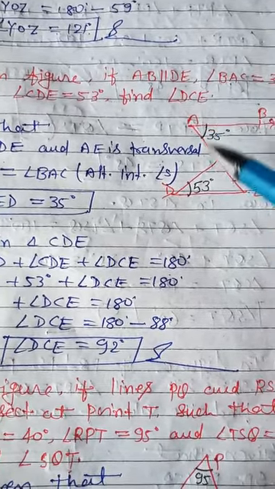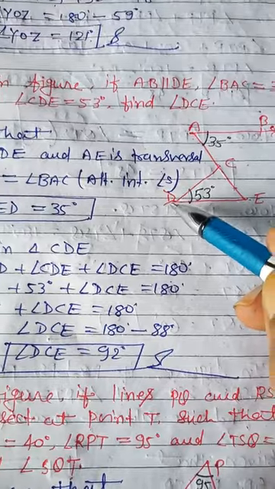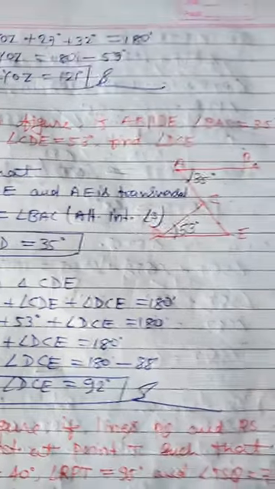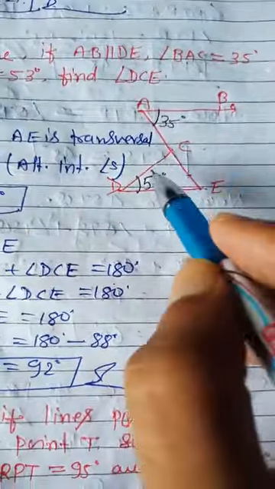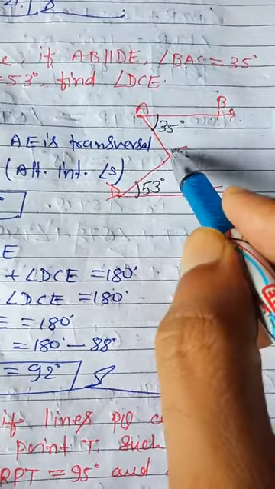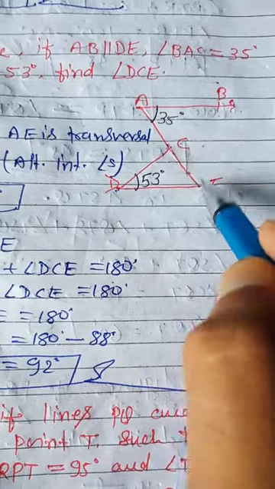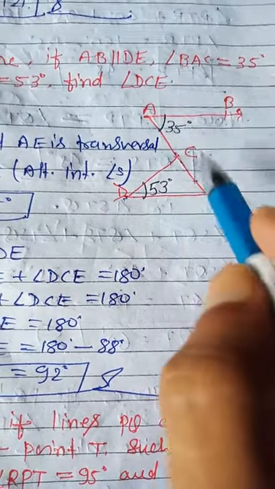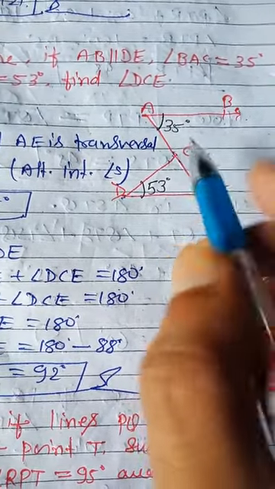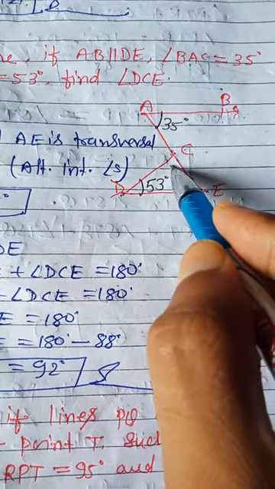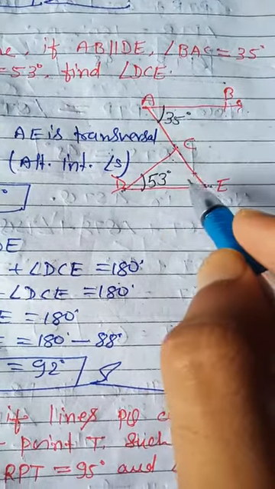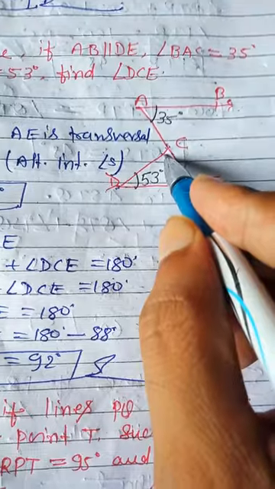Find angle DCE. Again students, look here. Angle DCE is part of triangle DCE. So to find the value of angle DCE, we must find the value of angle DEC.